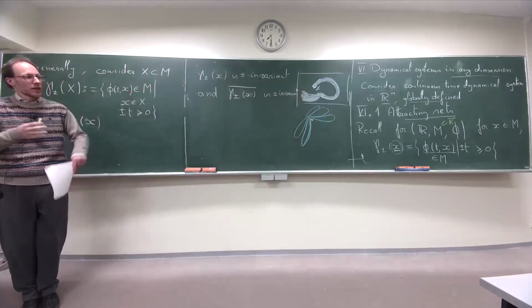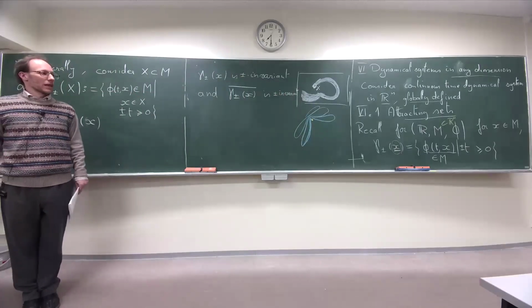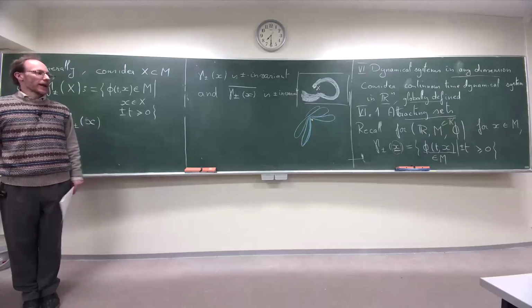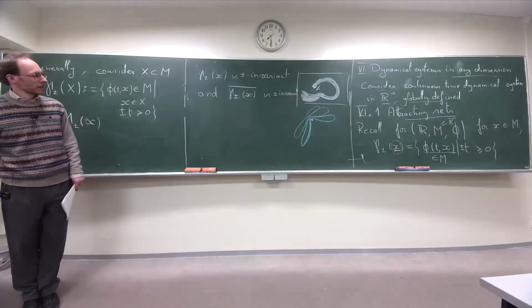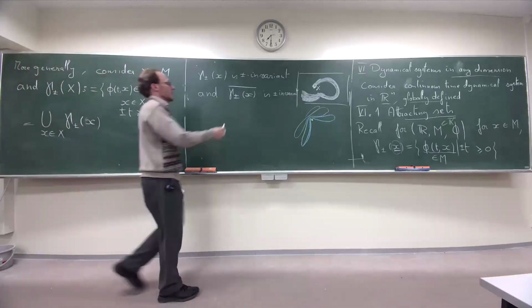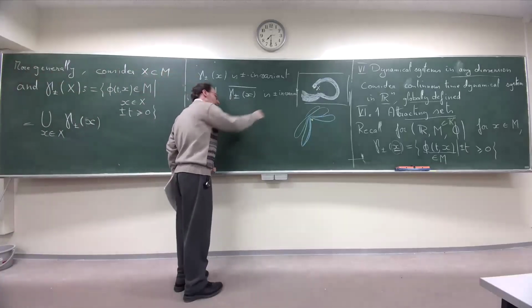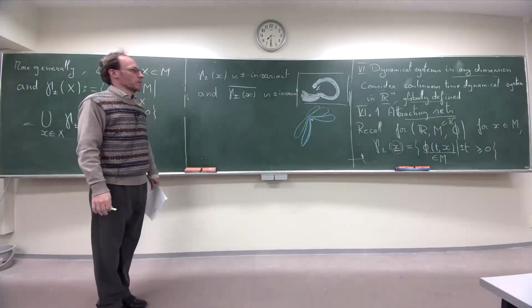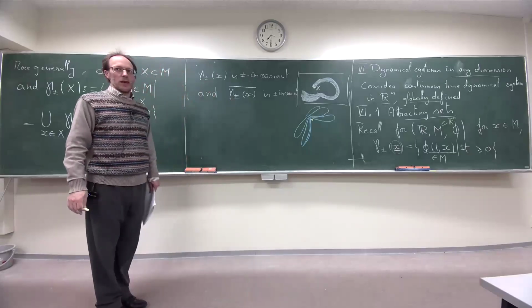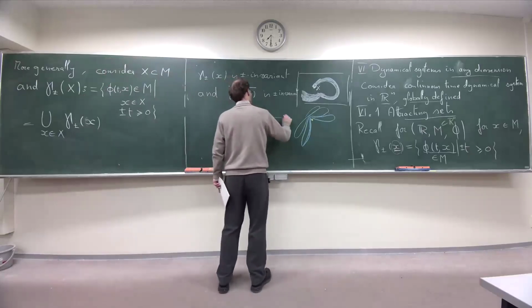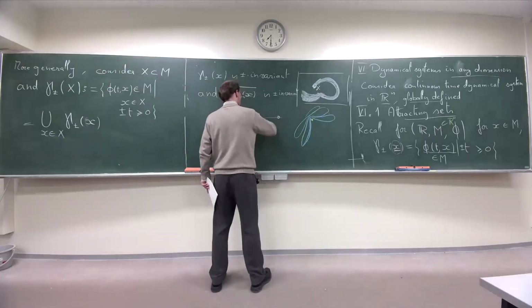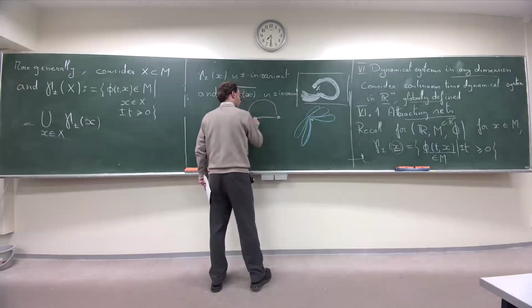So the closure is usually a bit larger than the set itself because it contains the boundary of this set. So you have to check that when you take into account the boundary, it's also invariant. And for the example I mentioned before, let's come back to this example I did before.